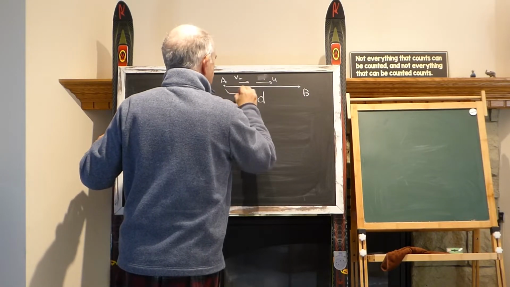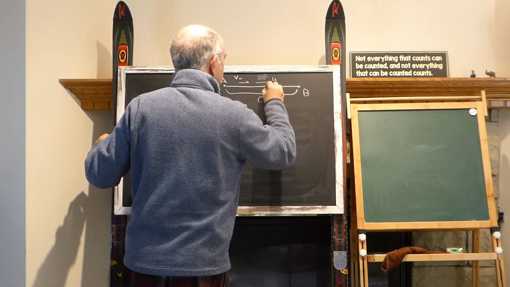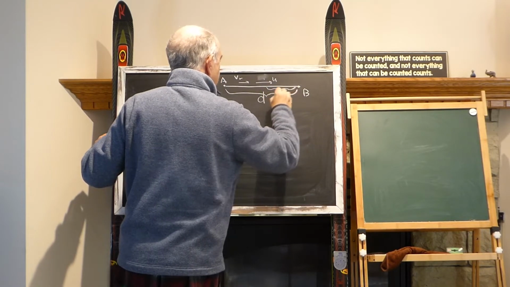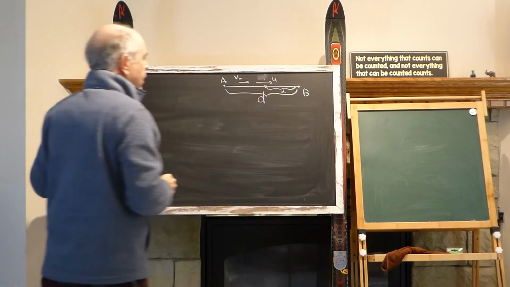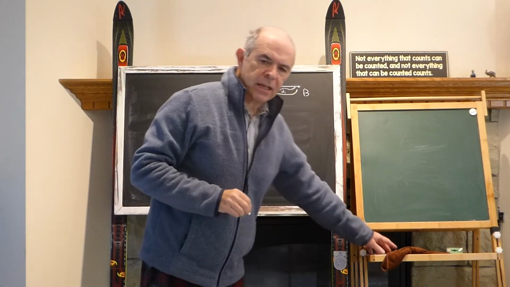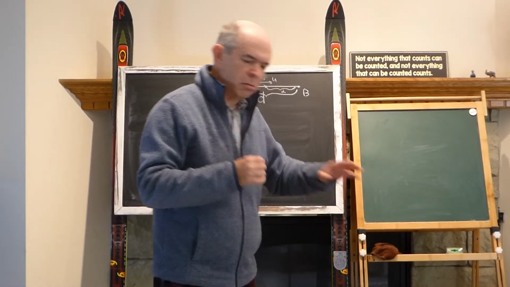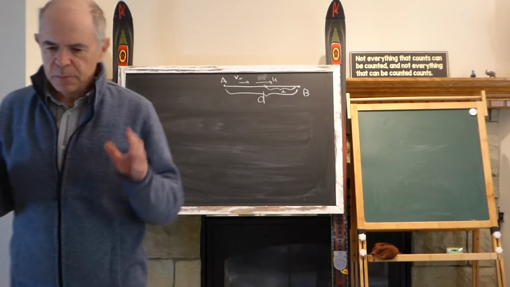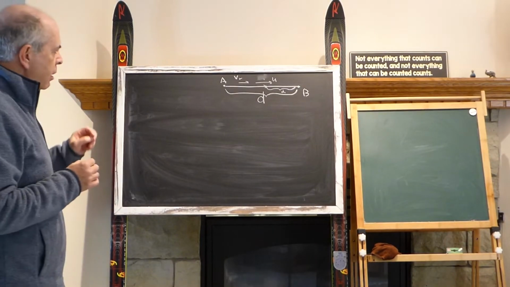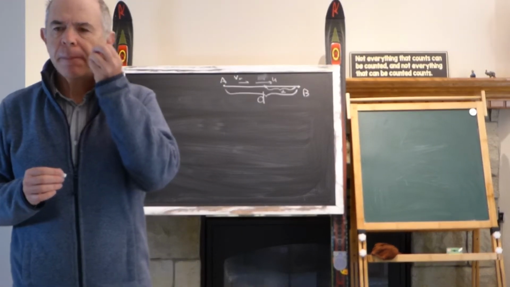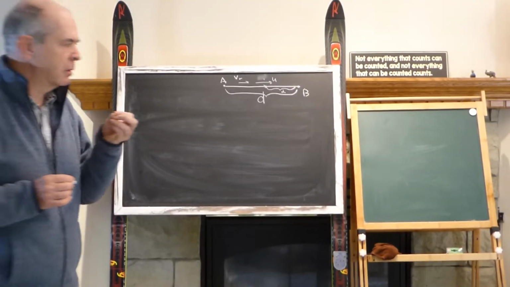This D is the total distance, and let's call this distance D1. This is where they meet. And so what I suggest in this problem is that we look at this picture from the perspective of the raft.